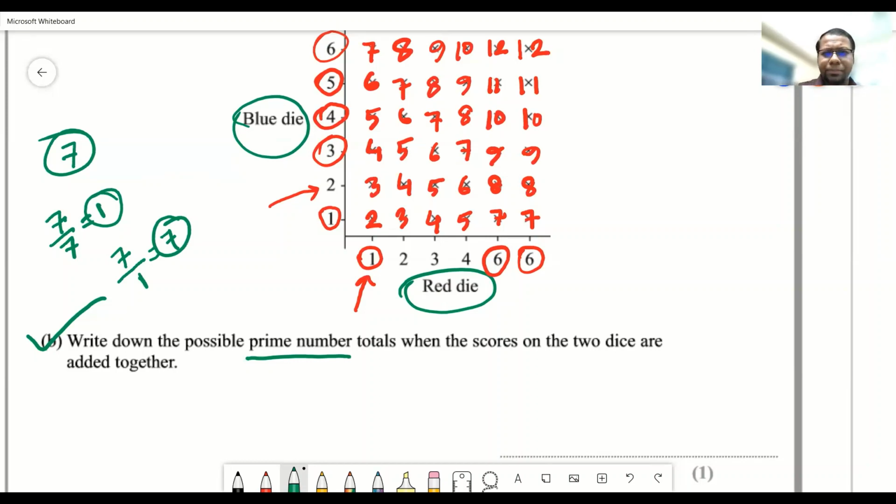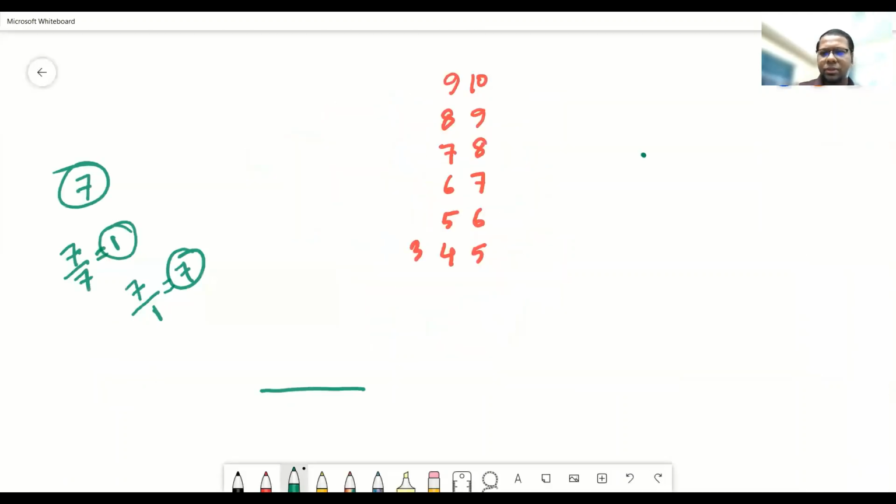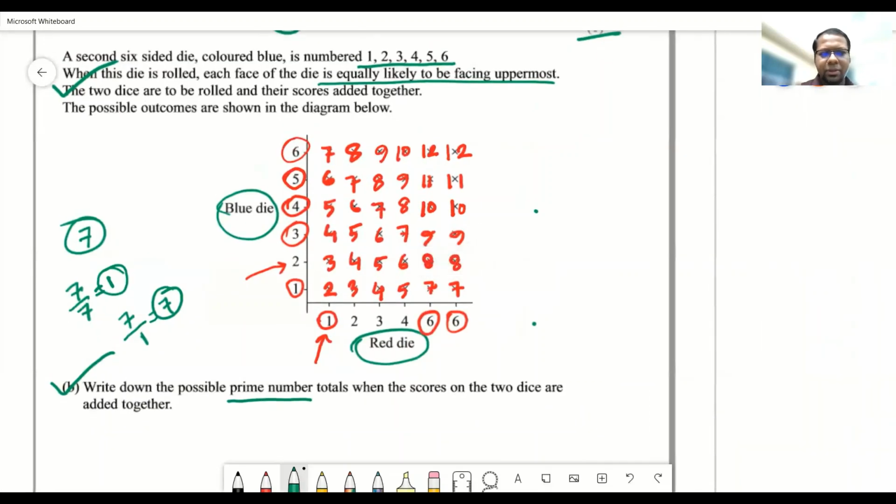So if you look at the diagram here, the question is asking: write down the possible prime number totals when the scores on the two dice are added together. So what are the possible numbers we can get from this diagram?